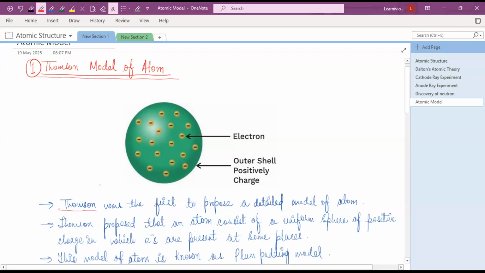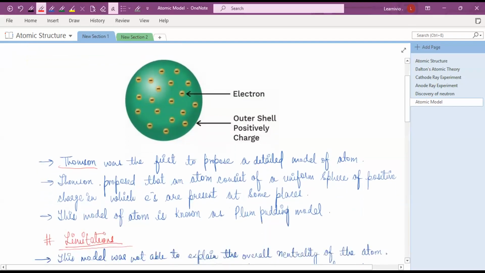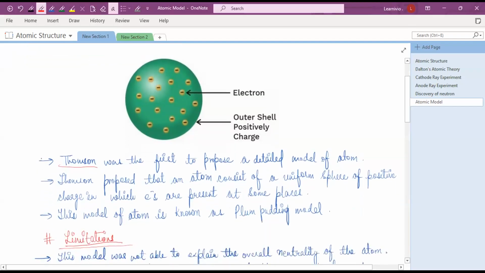Because the discovery of electrons, protons and neutrons had already been done, but they didn't know where they are located in the atom, where the electrons are, where the protons are, and where the neutrons are, right? Nobody had given a proper detailed model of the atom yet. So Thomson was the first to propose a detailed model of the atom.